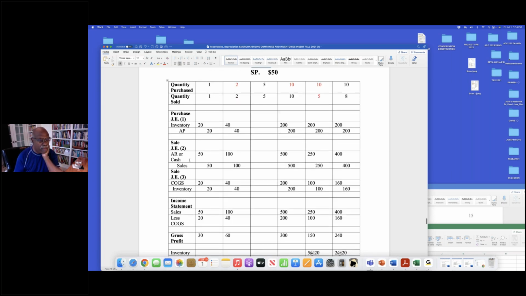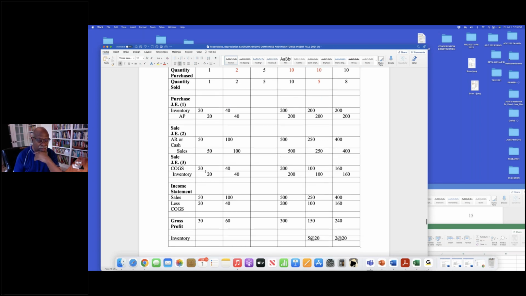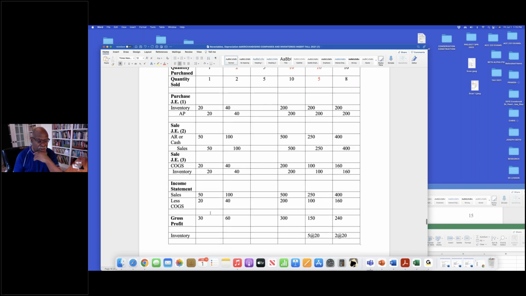We debited cash for 50, credited sales for 50, but we also debited cost of goods sold for 20 and credited inventory for 20. So two entries on the sale. And the way the income statement looks at this point through Tuesday is just sales less cost of goods sold gives us gross profit. 50 less 20 gives us 30. Does everybody understand this?